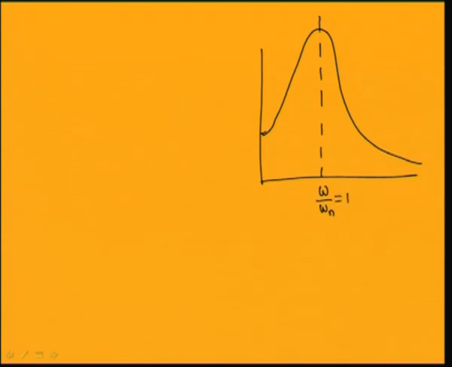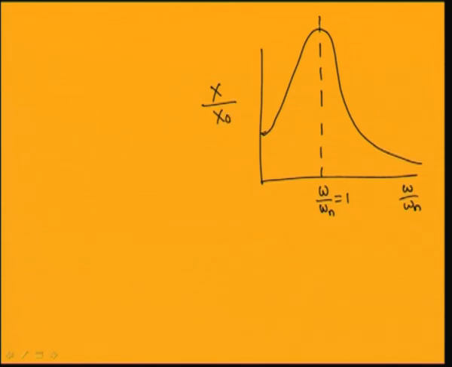So, at these 2 frequencies, if you are plotting this, it starts at 1, near omega equal to omega n, so this is omega by omega n equal to 1. So we are plotting omega by omega n versus x by x 0.